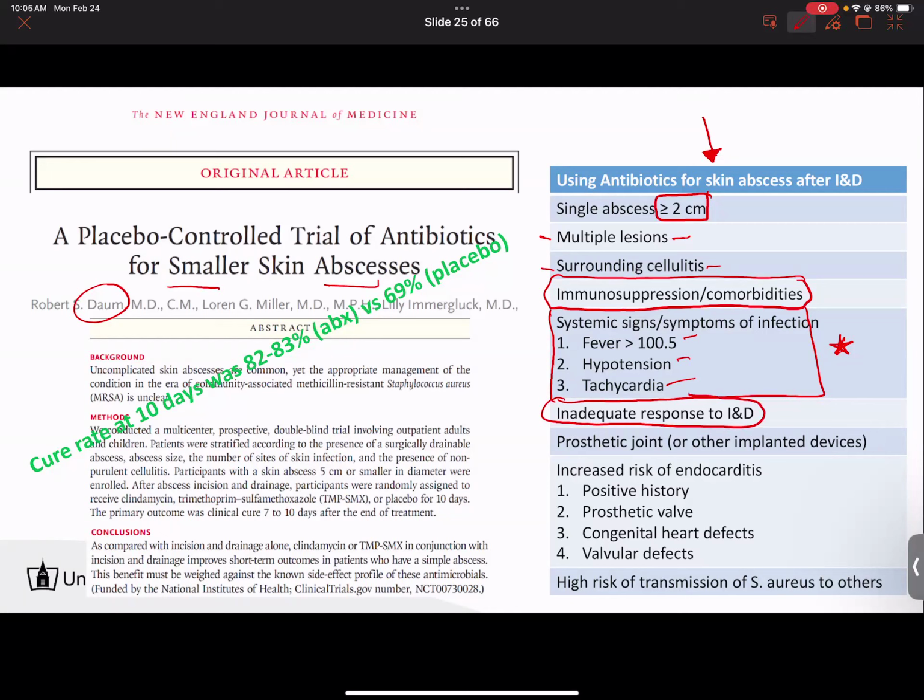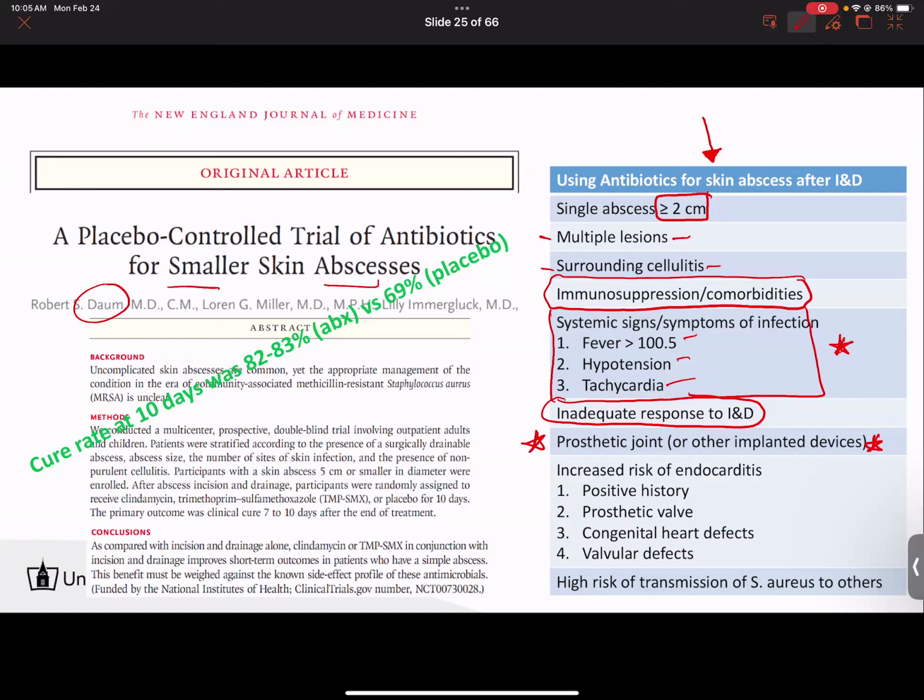Sort of projecting out here, if the patient had a poor response to the incision and drainage, right? They went in, they cut, drained, irrigated, bandaged up, it's not resolving, coming back, well, open them back up, clean it out, antibiotics. If an individual who presents with an abscess has a prosthetic joint or other implantable hardware, that's definitely a good time to be using antibiotics.